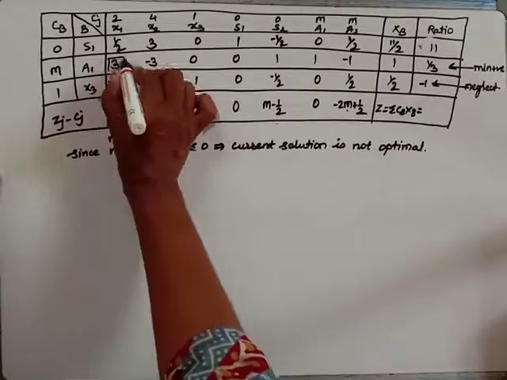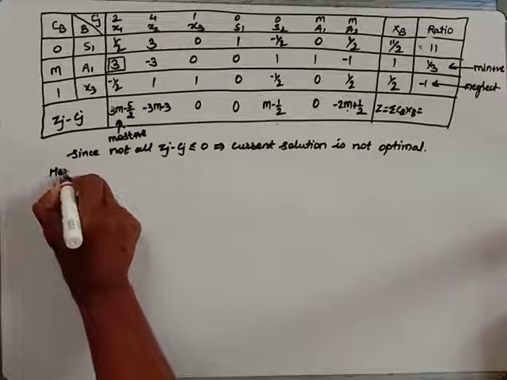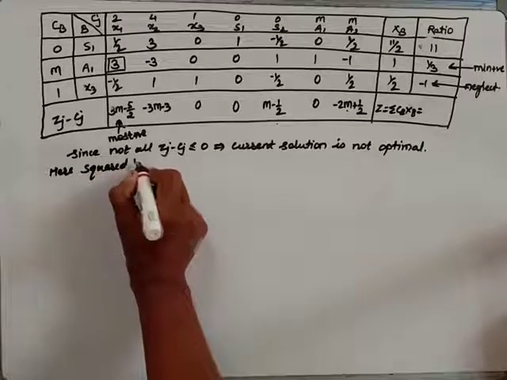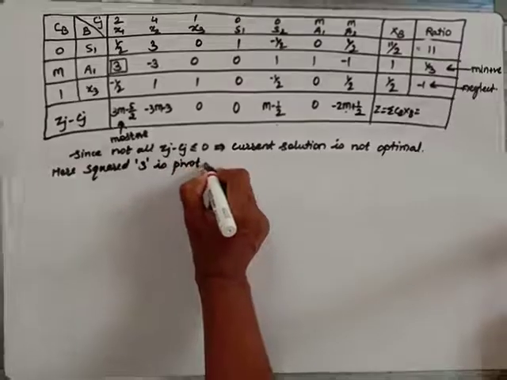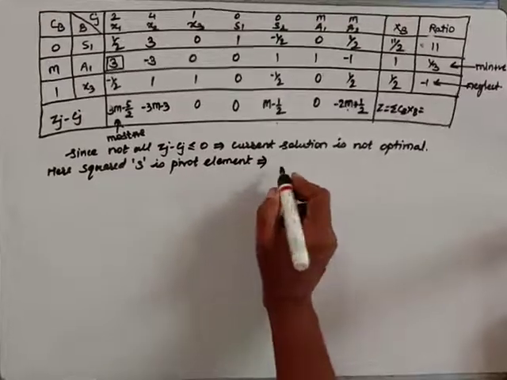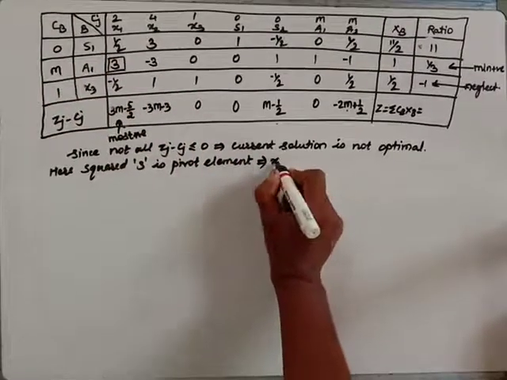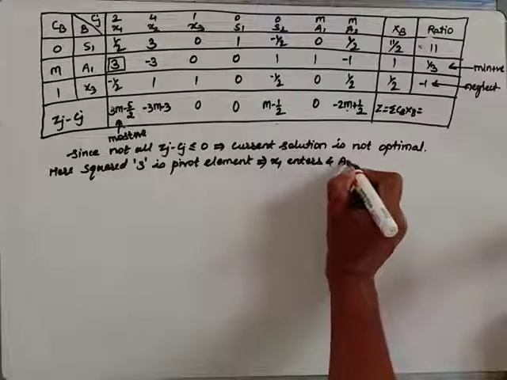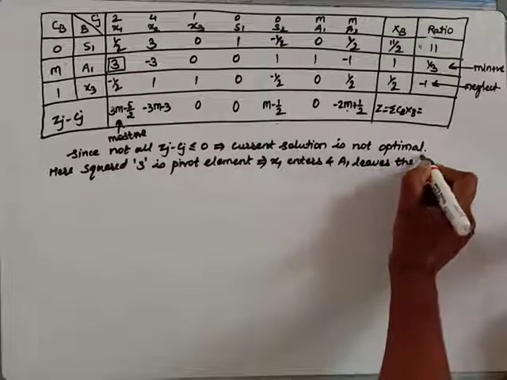So means this 3 is our pivot element, which indicates that x1 enters in a basis and a1 leaves the basis.